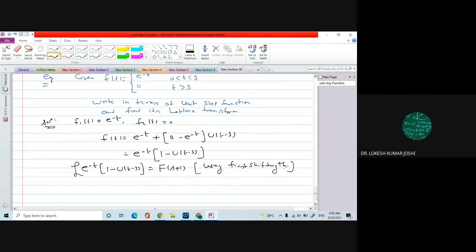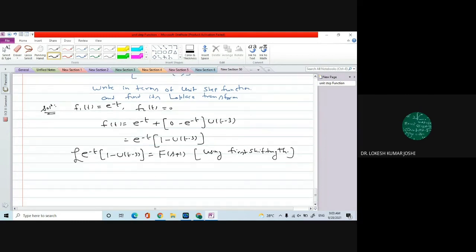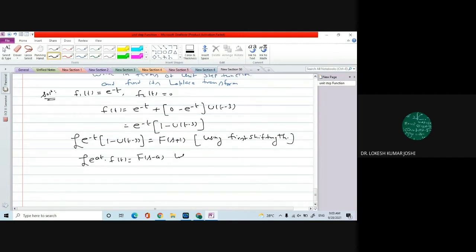If we recall the statement of the first shifting theorem, you all know Laplace of e to the power at into f(t) equals F of s minus a, where F(s) is the Laplace of f(t).